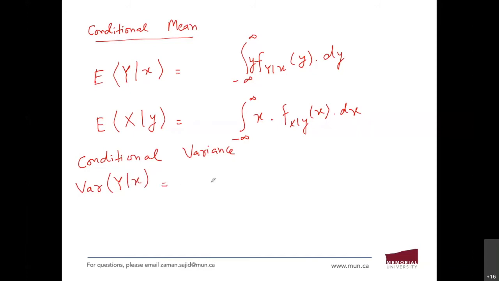Now if you recall, the variance can be noted as sigma squared. Because I'm talking about conditional, it should be y given that x.